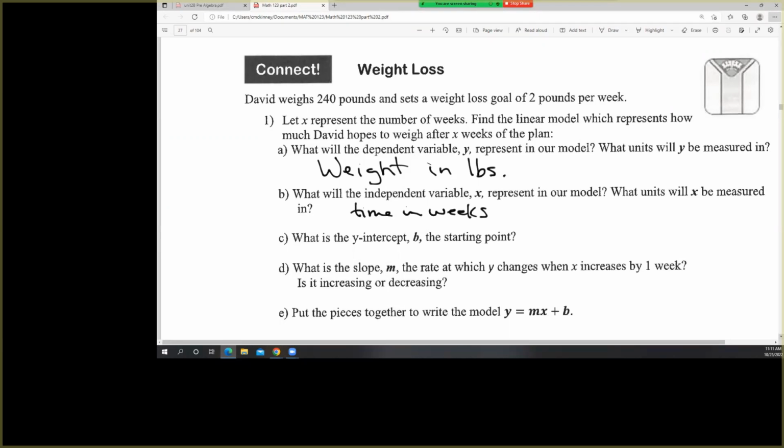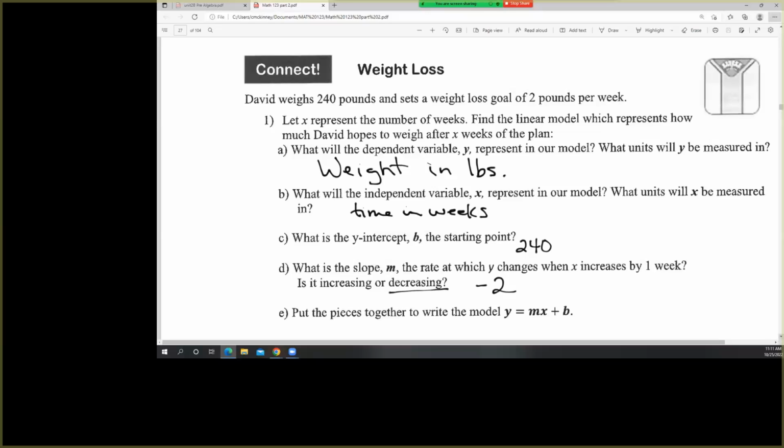What would the y-intercept be, the starting point? 240 pounds. That's his starting point, right? That's his starting weight. And then what is the slope? We want it to be -2 because we want it to be decreasing.